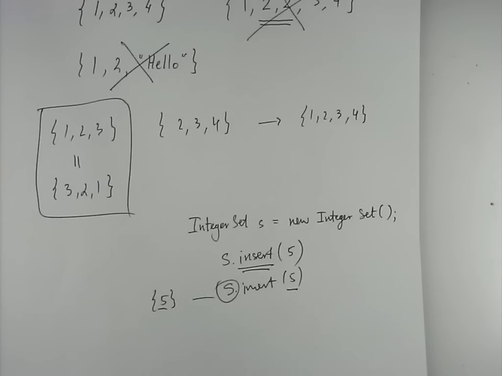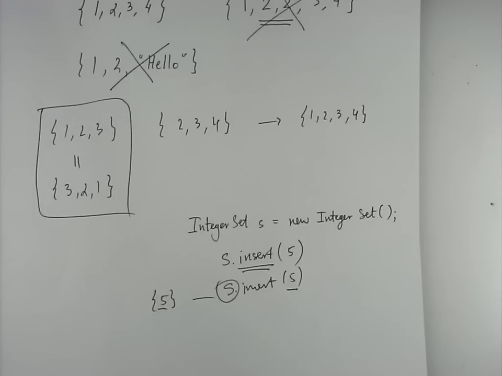So integer set just modifies this. It modifies this integer set. Just write that as this. Constructor is always going to have this property. It basically modifies this because it needs to build this object. When you're building it, you're modifying it.